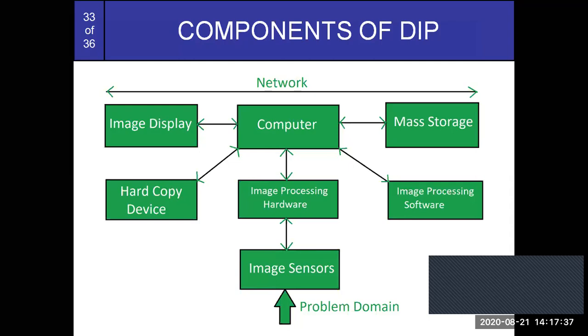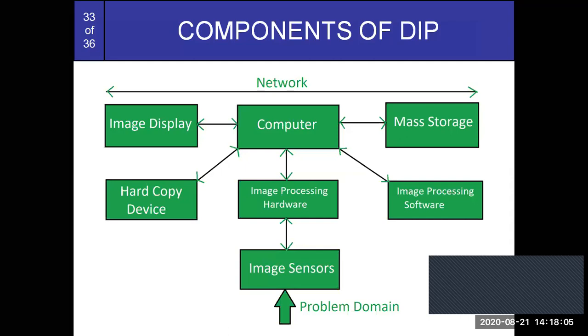Okay. With this, your second topic is also over. The first one was image processing history and applications. We have seen that, and the second one is the fundamental steps involved in our image processing system. And the next topic is the components of a digital image processing system.